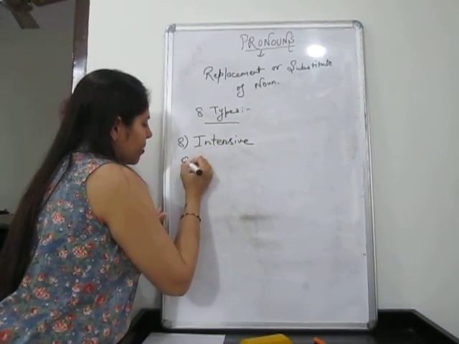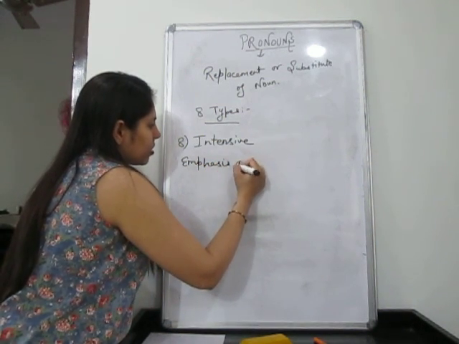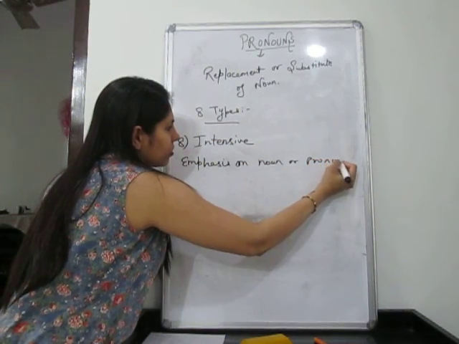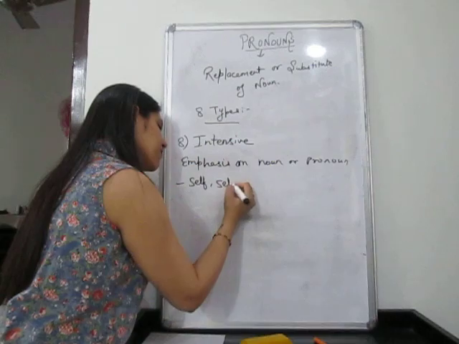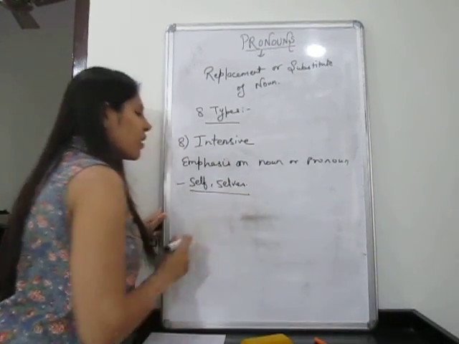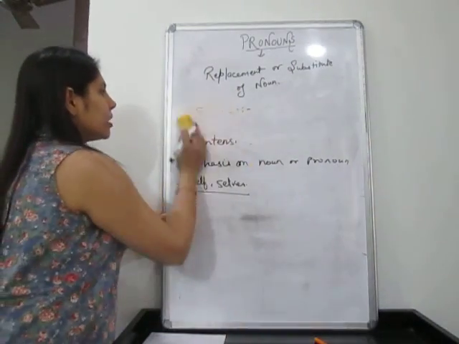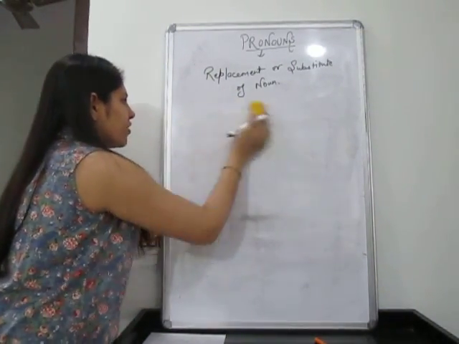I told you it emphasizes on noun or pronoun. Same as reflexive, it uses self and selves, right? If we remove them from sentence, the sentence will remain same. So this is all about the 8 types of pronouns we have done in different videos.